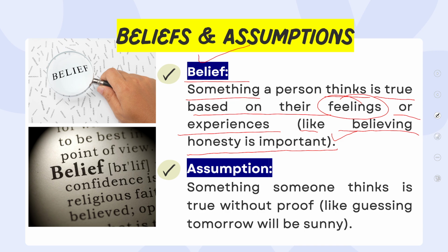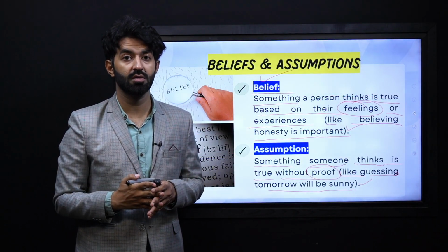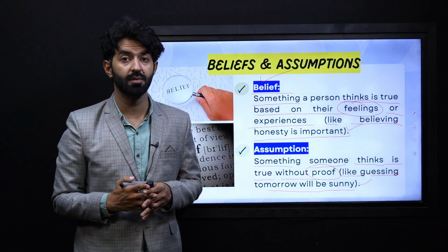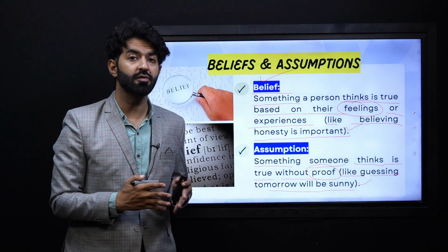An assumption is something someone thinks is true without proof, like guessing whether it will be sunny or rain tomorrow. All these are assumptions. One may assume that it's going to rain tomorrow, hence it's an assumption. So this is the difference between a belief and an assumption.